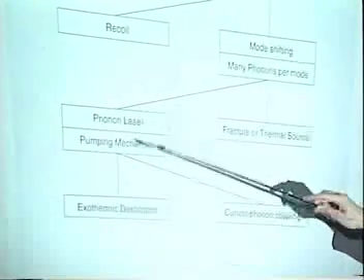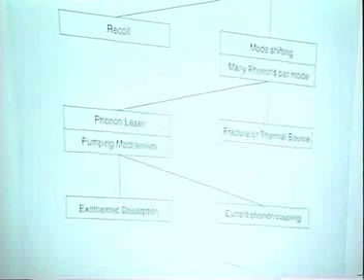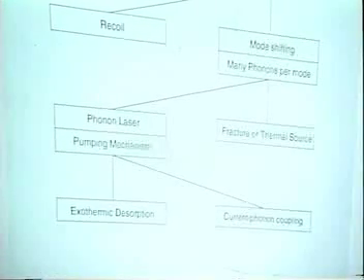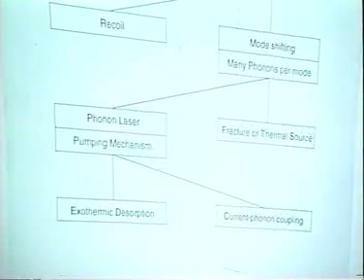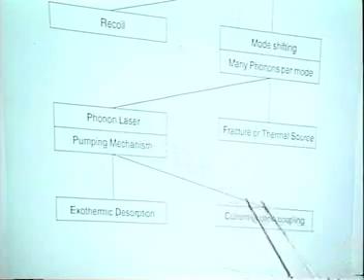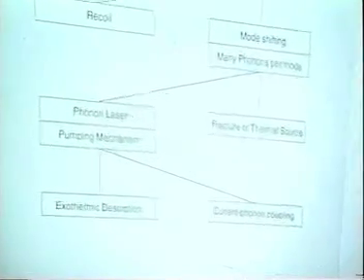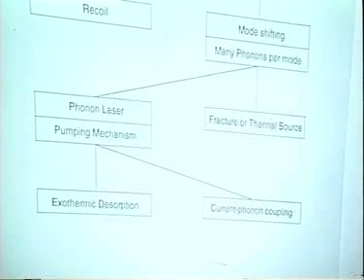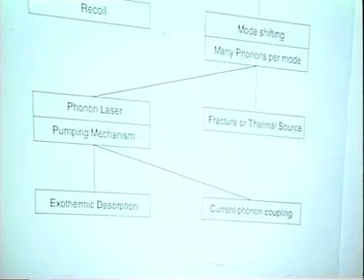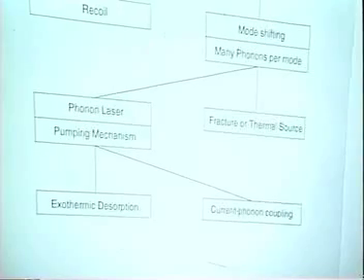Now, if you're going to say that you need a phonon laser, now you need a pumping mechanism for a phonon laser. It turns out in the literature you'll find all kinds of pumping mechanisms. You'll find people running large currents through semiconductors and seeing phonon gain. The current, as it goes through a lattice, couples to the lattice, and it gets the lattice wiggling, and that can give you gain.